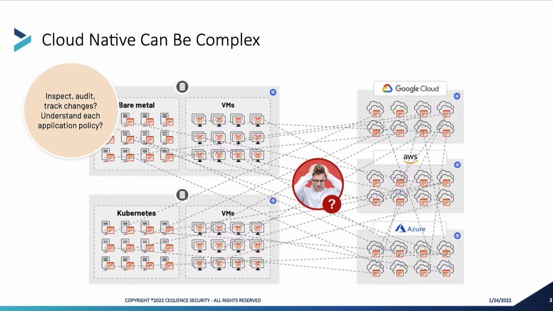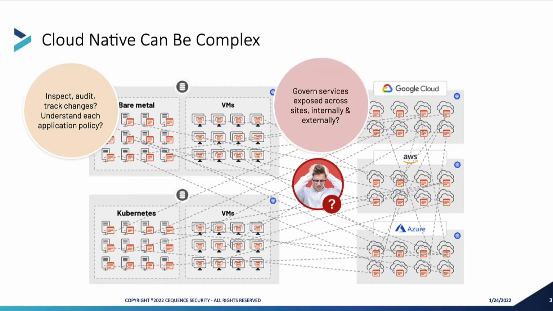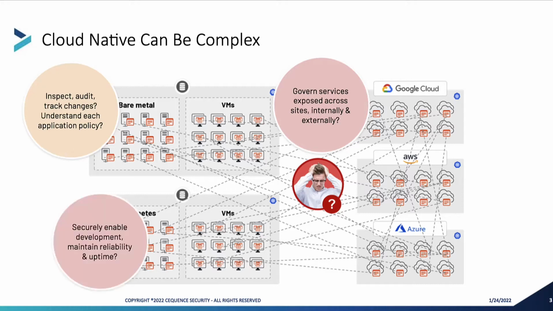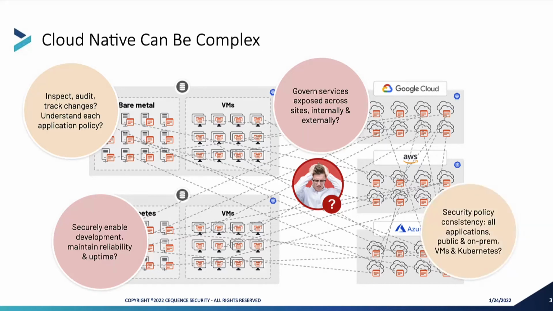How are you going to apply application security policies? What are you going to do to govern the services across each of the different environments, both internally and externally? And then another question is how to enable secure development and maintain reliability and uptime.